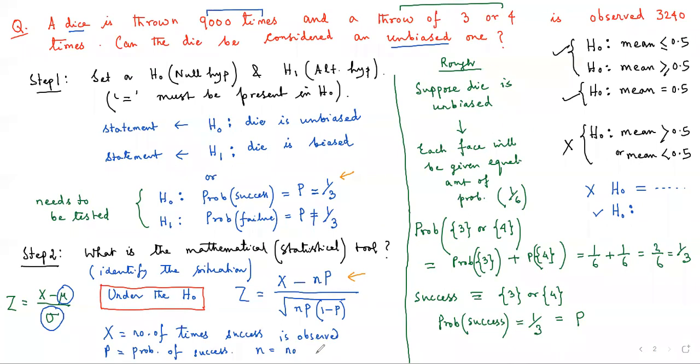Number of observations. And this formula that we have used follows a normal distribution with mean 0 and variance 1, because it is the formula for the standard normal variate. So this is our step number 2.